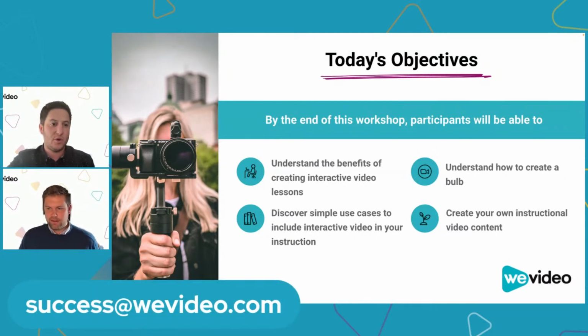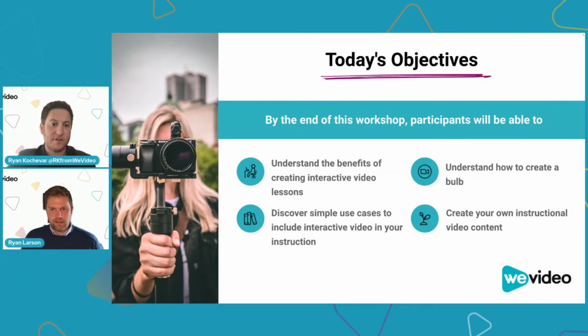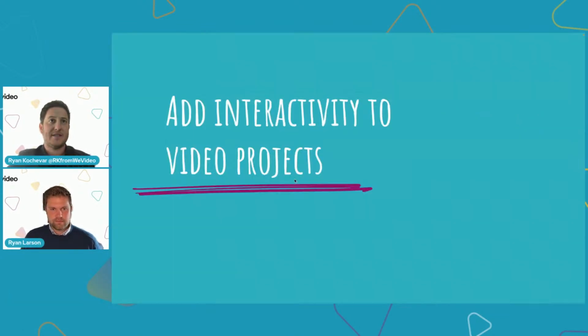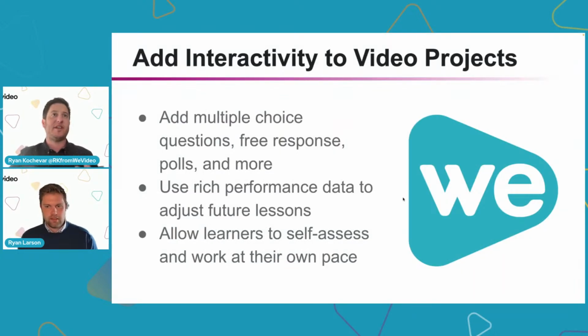So we're going to go ahead and show you our first use case, which is to add interactivity to video projects. So this is where we're going to start, introducing those interaction types and how to take a video project or an instructional project that you have created in WeVideo and add those different interaction types. As you're adding interactivity, you can add multiple choice questions, free response questions, polls, and more. And we'll get into that when we get into the demo.